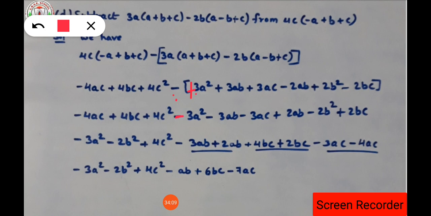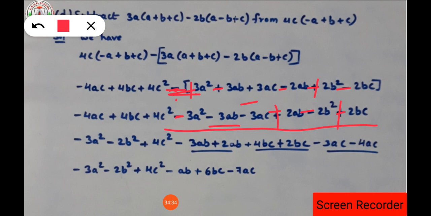Here again minus and plus will become minus. Again minus and plus will become minus. Then minus and minus will become plus. Minus and plus will become minus. Then minus and minus will become plus. So in this way the sign will change when the bracket is opened.